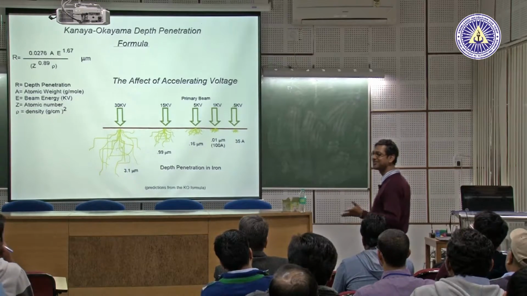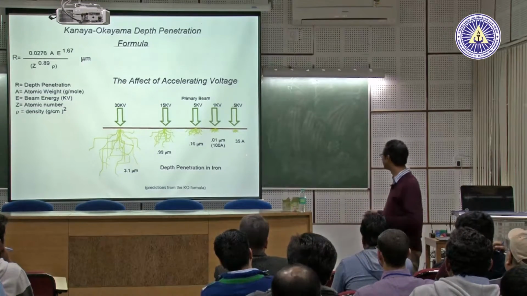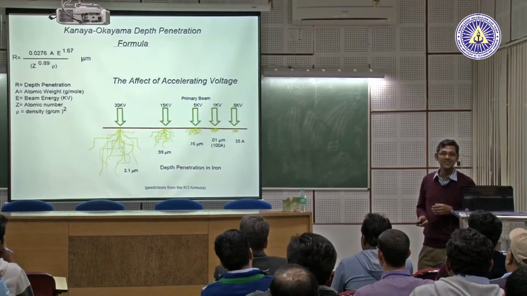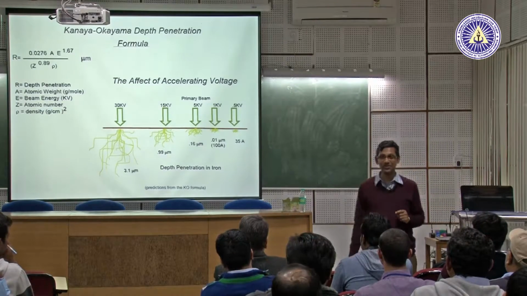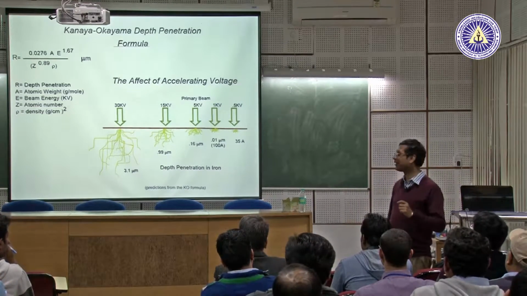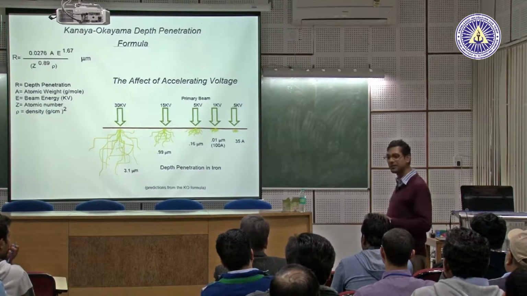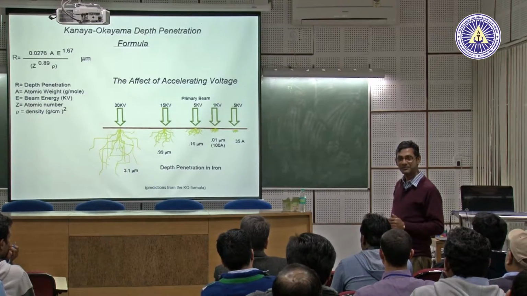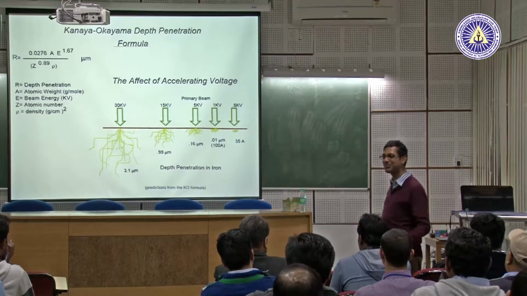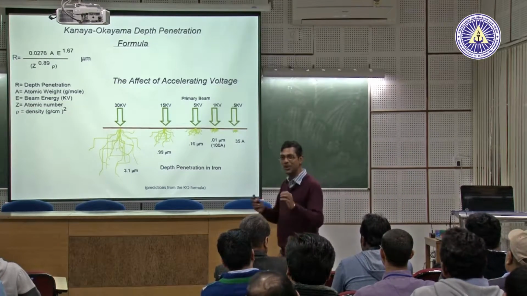Anyone in the class? 60 times? Only 60? 1 micron is 10,000 angstrom. 3.1 micron is 31,000 angstrom. Divided by 35? About 1000 times.